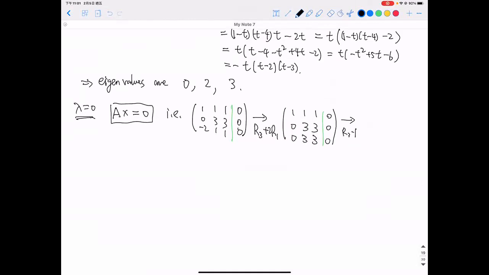So R3 minus R2 will give you 1, 1, 1, 0, 3, 3, 0, 0, 0, a zero row here. Then you continue. If we divide the second row R2 by 3, we get 0, 1, 1 for the second row.